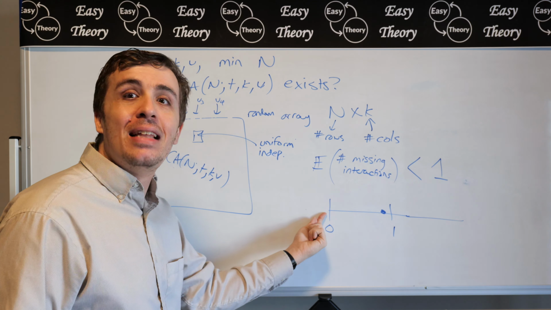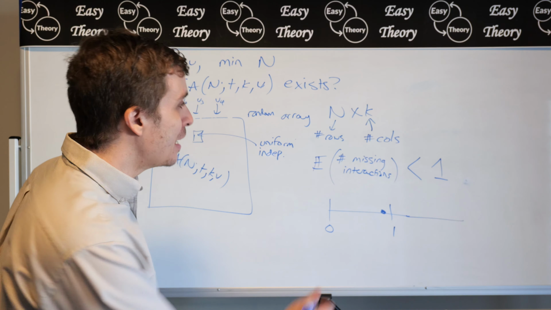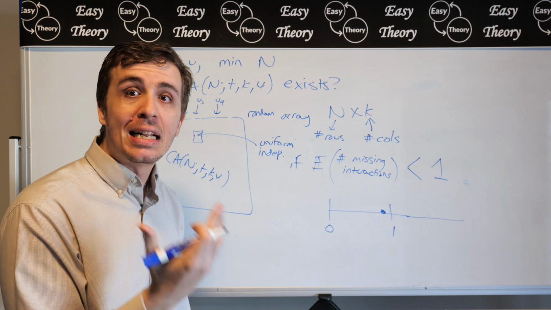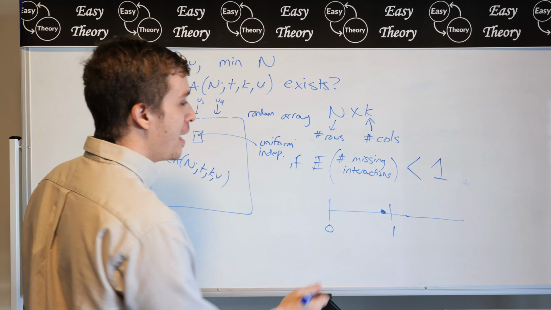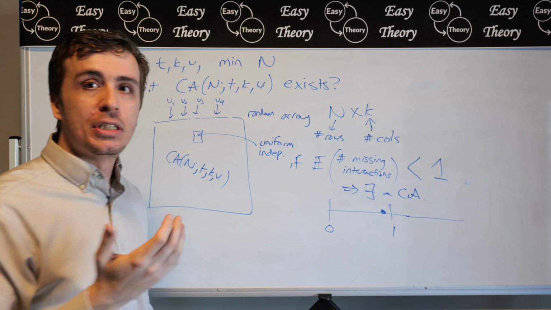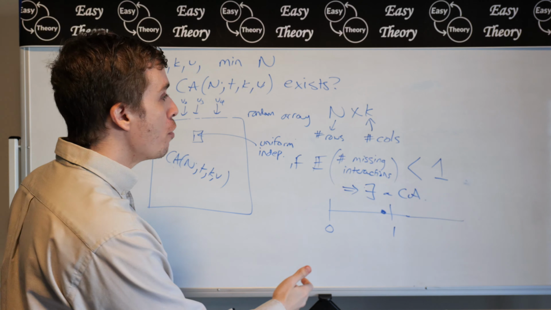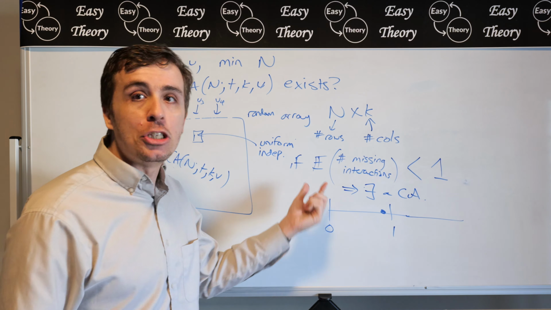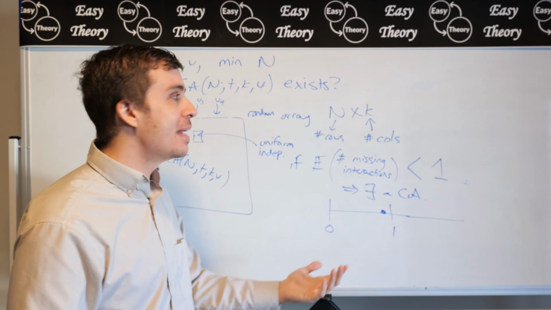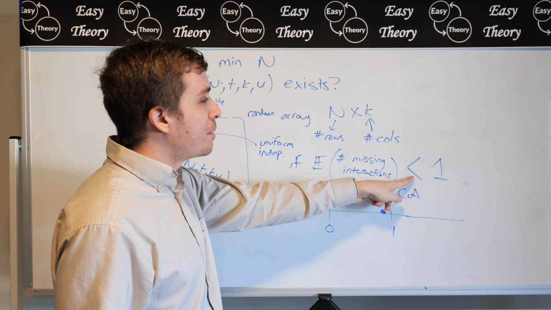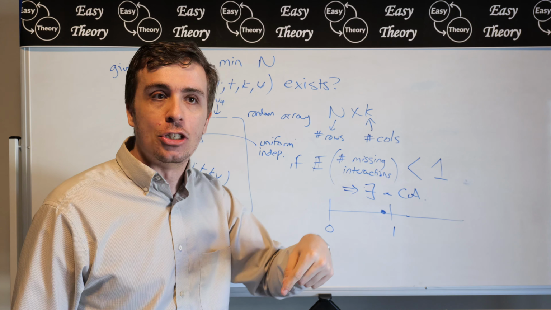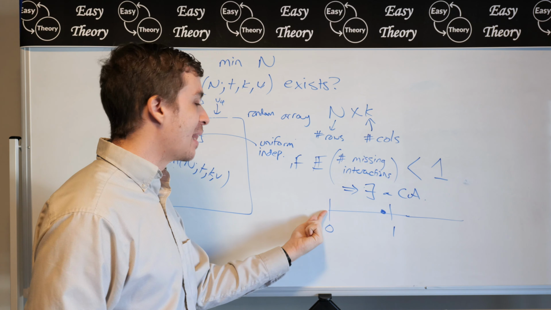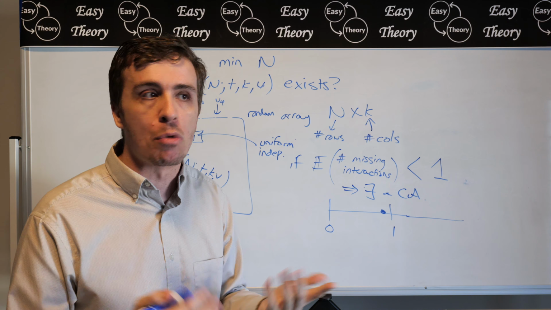And so if the expectation is strictly less than 1, then there exists a covering array. So this is a really nice tool: you're calculating something that you know is an integer, but the expectation could be anything. It doesn't have to be an integer. But if you force the expectation to be less than 1, then there must be a covering array that exists that lands at 0, which is exactly what we want.